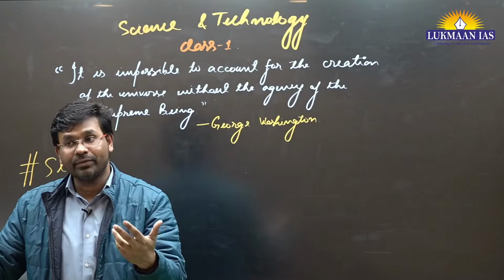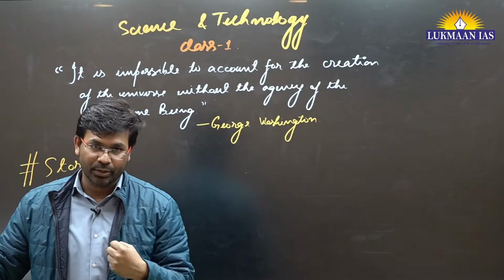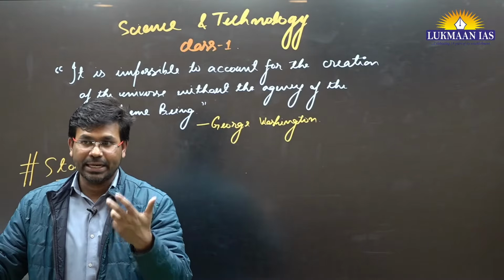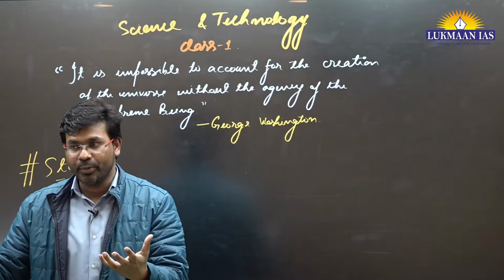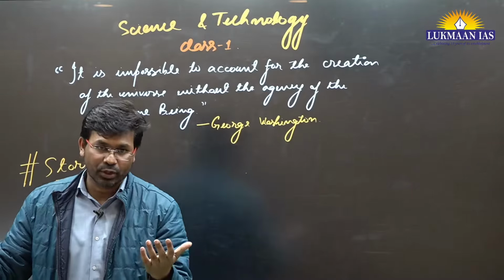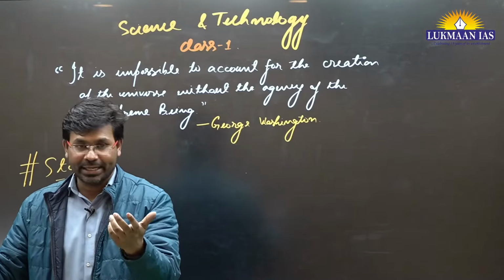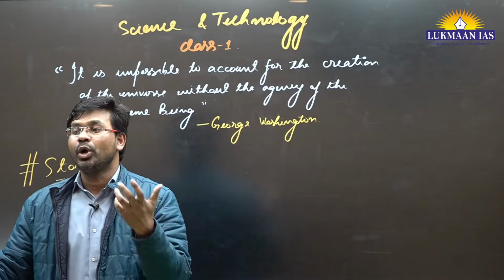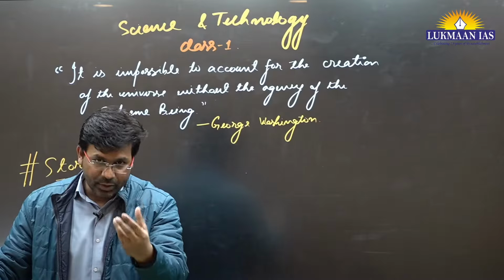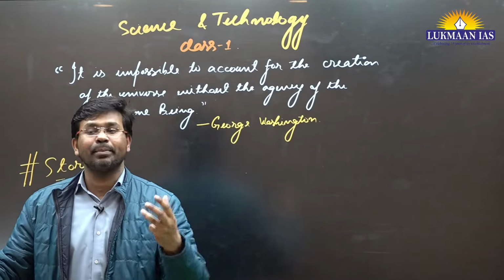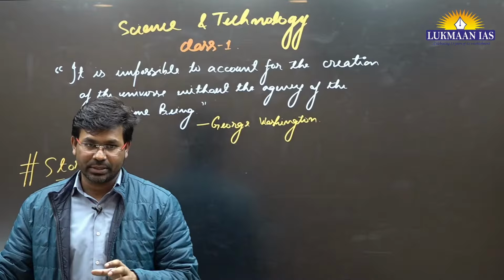Similarly, there is a narrative from the scientific community also. So far, the scientific community has come up with a lot of evidence on how the universe was created. As of now, we have different theories about the creation of the universe.